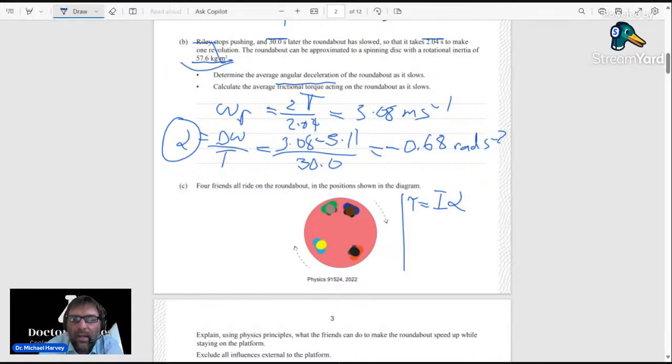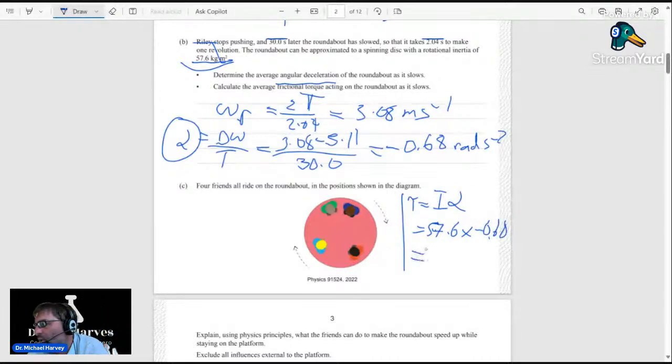So it's going to be equal to 57.6 times minus 0.068, which equals, in my wonderful doctor's style writing, 3.9 newton meters. That's where you're going to get your merit, because that's more than one calculation. So that's how you would work that out.